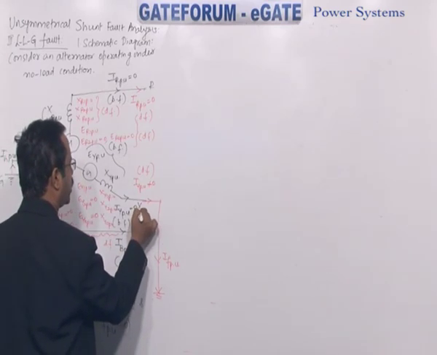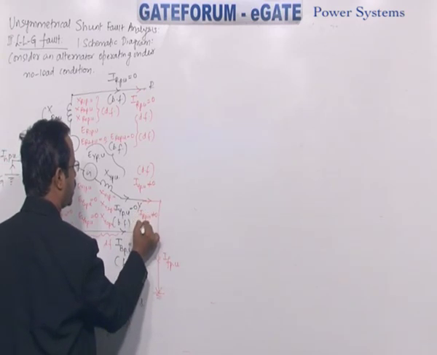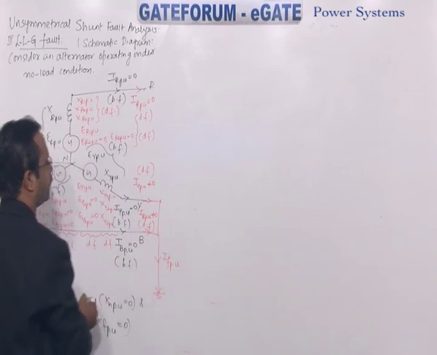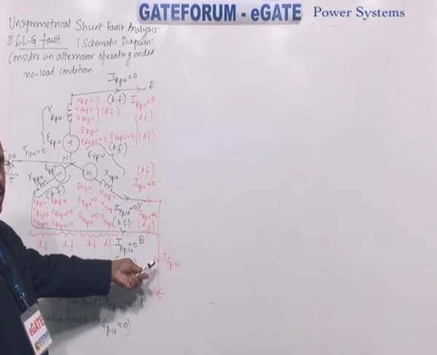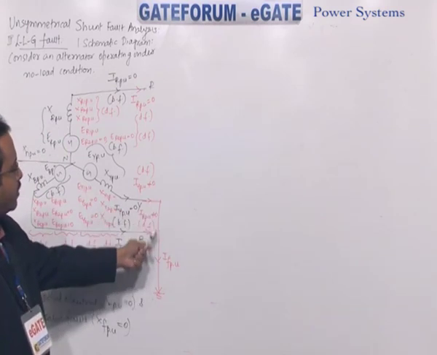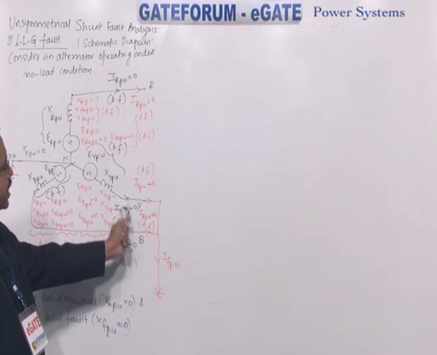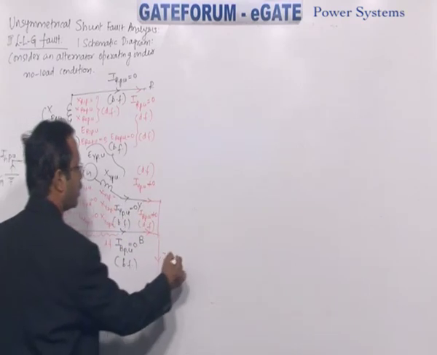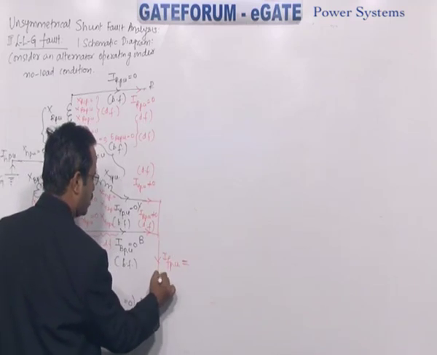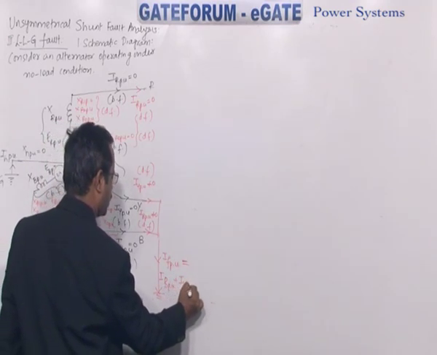What about this one during fault? IB per unit is not equal to 0. And what will this IF be now? Sum of IY and IB. So IF per unit is IB plus IY.